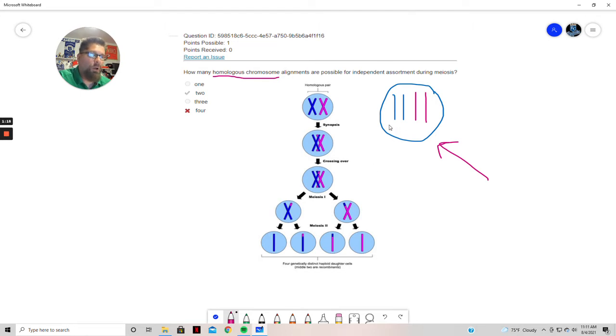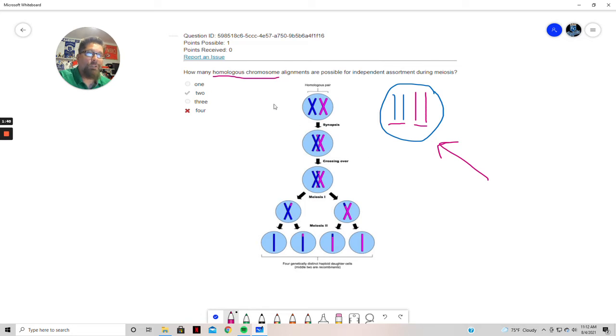We'll call this the dad and this the mom over here, and those are paired together as homologous pairs, because they're copies of the same genes, same traits. They're going to process the same stuff. It's a reference to homologous.